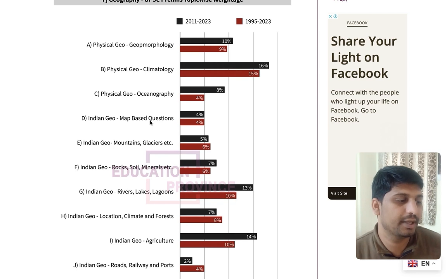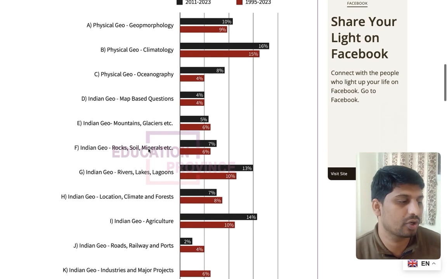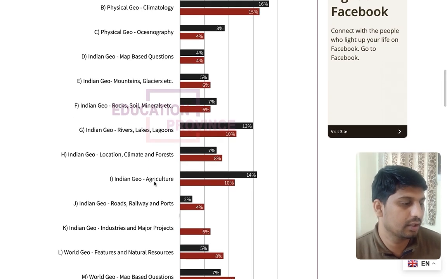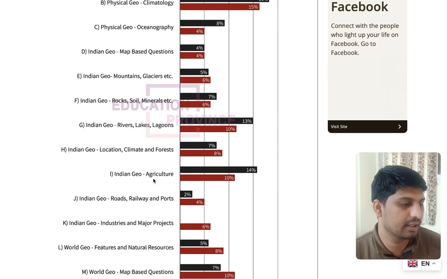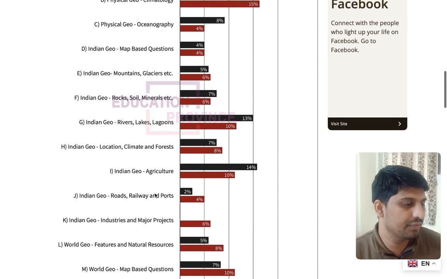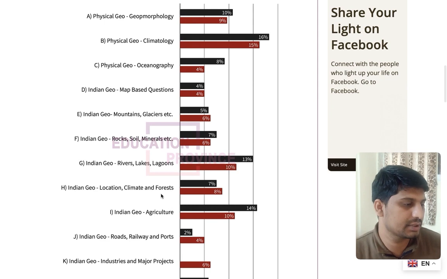Then we have separated the map based questions. Then we have separated mountains, glaciers, those type of questions. Then the questions on rocks, soils, minerals, rivers, lakes and lagoons, location, climate and forest, agriculture, roads, railways and ports, like that. Now if you see, there have been significant questions from mountains, rocks, then rivers, lakes and lagoons.